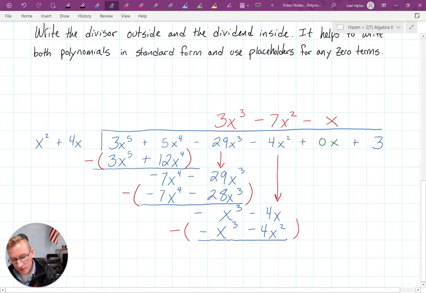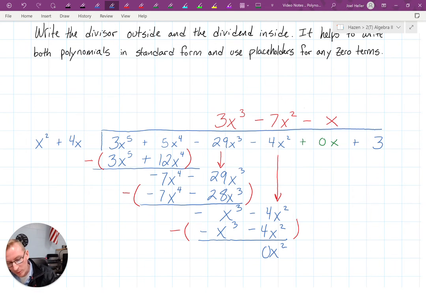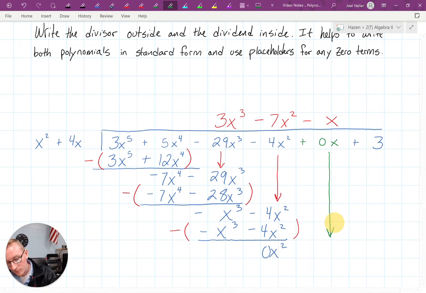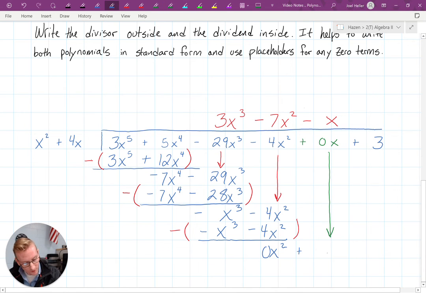So just to keep everything straight, I'm going to write a 0x squared. That just helps me. You don't have to write it if you don't want to. You could just put a 0. And then I'm going to bring down this next term, plus 0x. Now in this case, I'm looking for a 0x squared, which means the next term that I'm going to multiply here by is going to be plus 0.